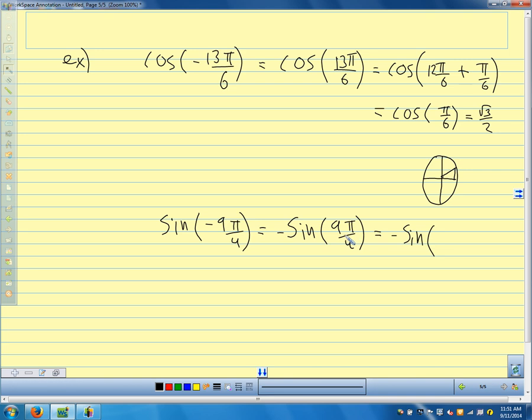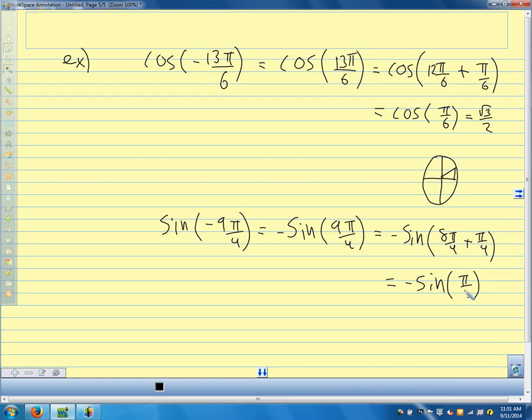Break this into two fractions where one is a multiple of 2 pi. So what are my two fractions going to be here? 8 pi over 4 plus pi over 4. That one's pretty easy. So I get negative sine. This takes me around the circle. So I just get negative sine of pi over 4.